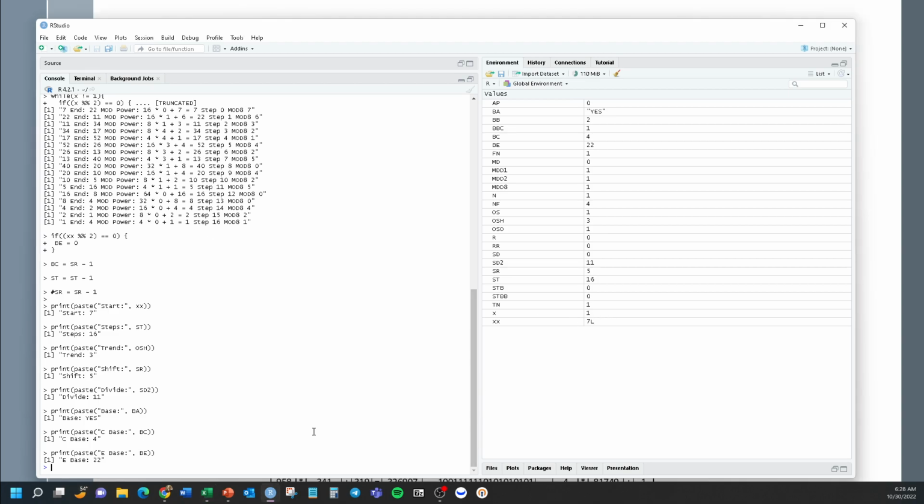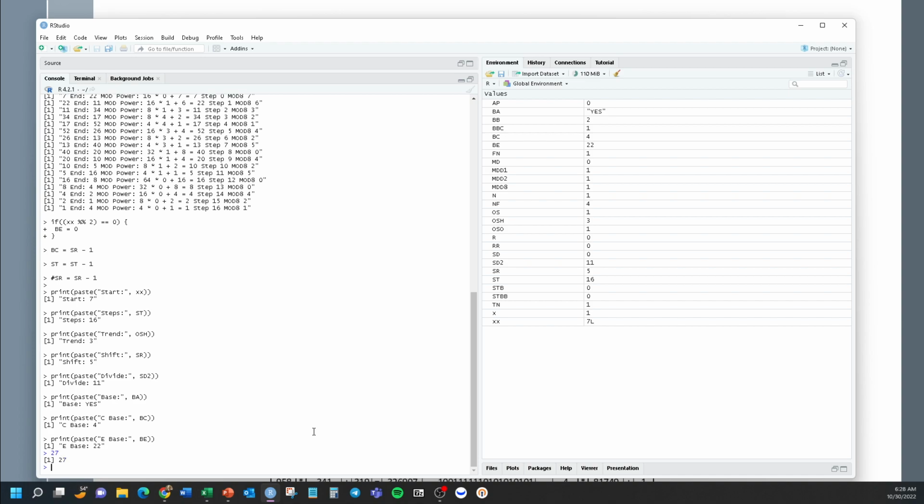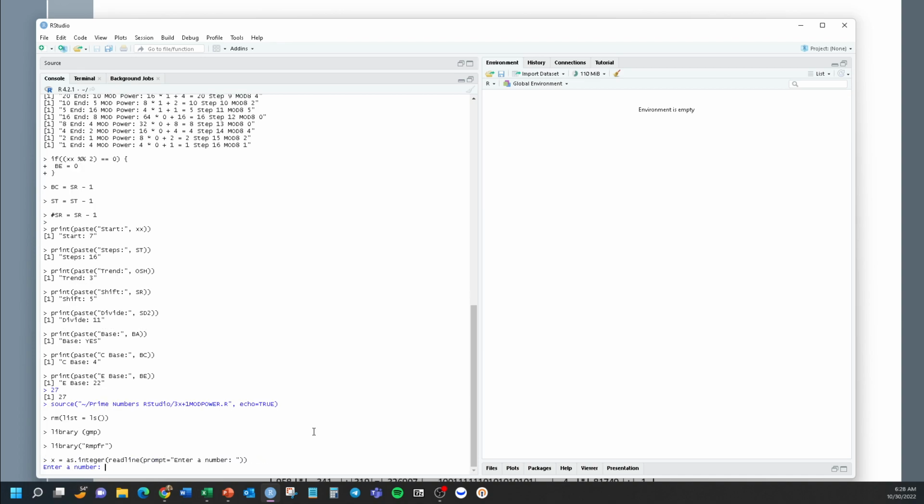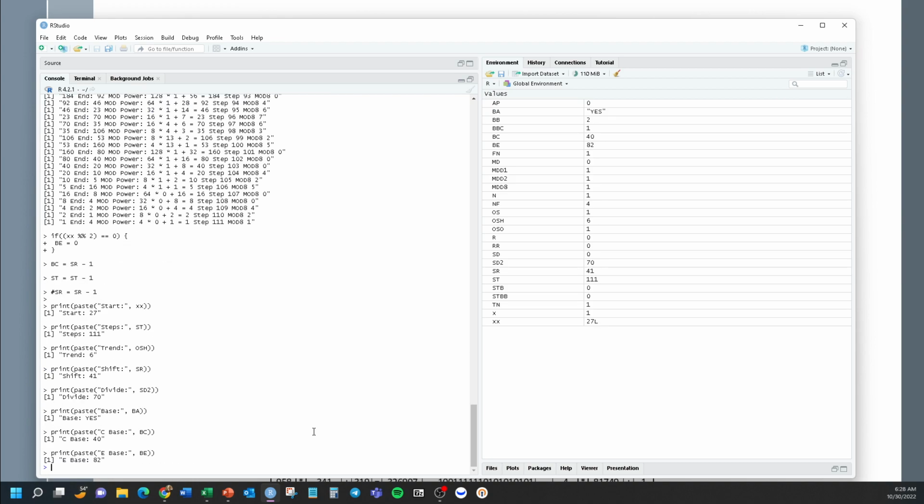But I can type in any number I want, 27. Oh, I have to tell it to run the program, 27. And it's going to give me those results. There's 111 steps. It is a base, and it's 82 and 27, and then it's 41 shifts to the right, and its highest trend is 5. So 27, 41, and 31.